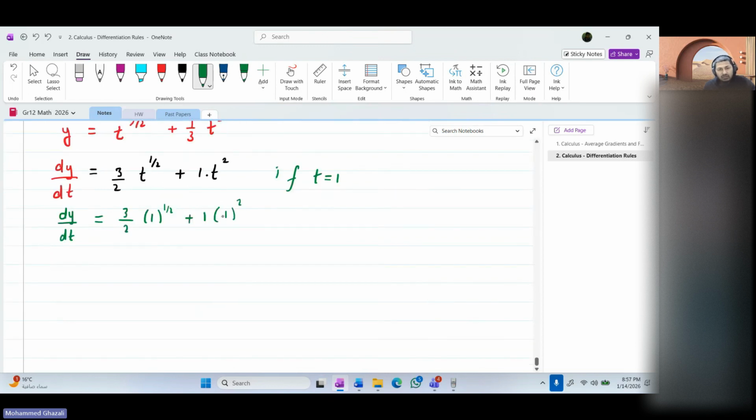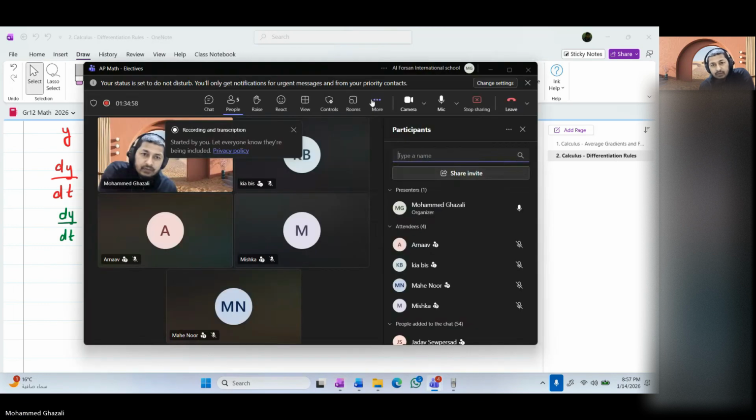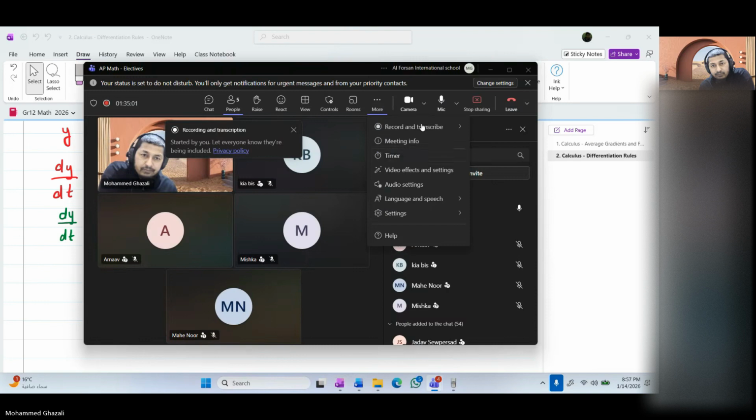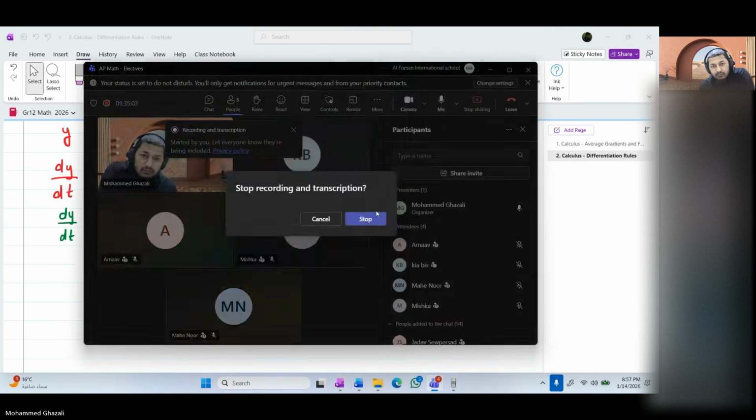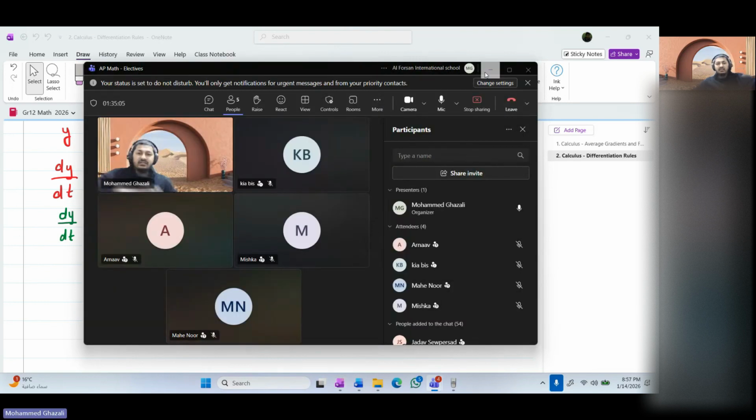So that's just 3 over 2 plus 1, which is 5 over 2. Obviously, the value will change if t is equal to 2 and so on. All right, guys, any questions?